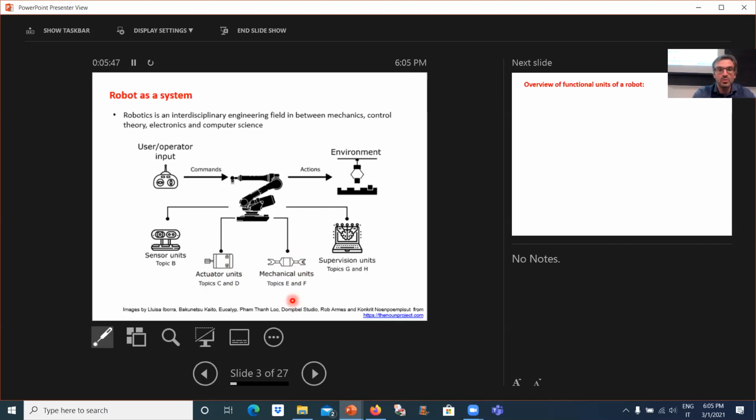And then finally, there is a supervision unit, which is the brain: the computer on board the robot or the central unit that commands the robot and gives the commands to the actuators in order to perform a certain task.